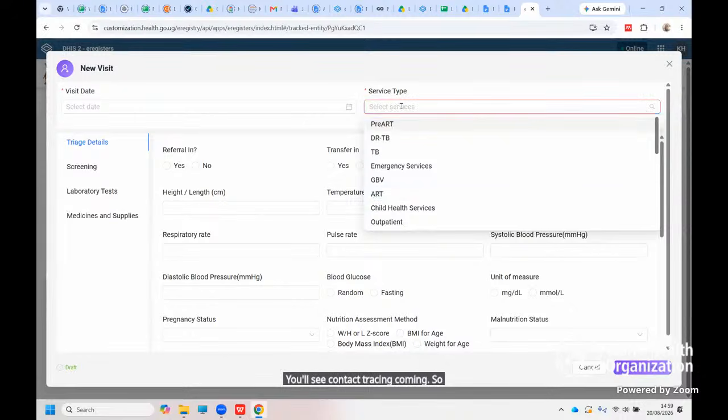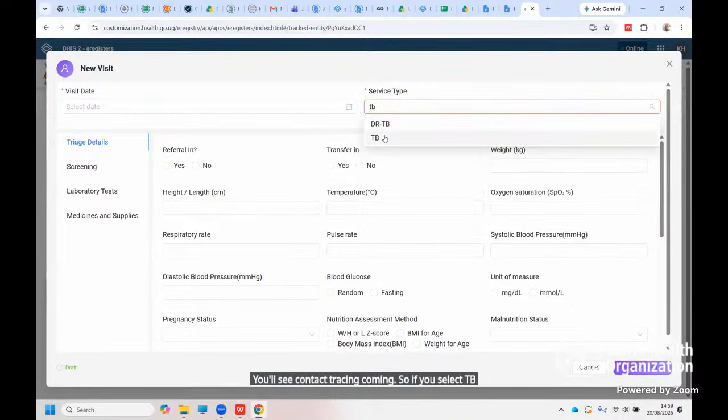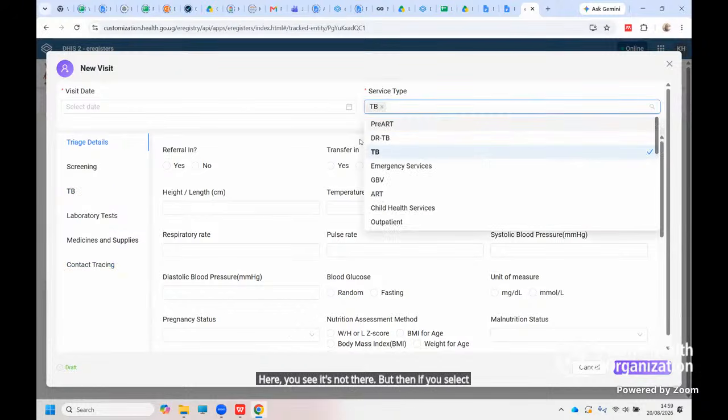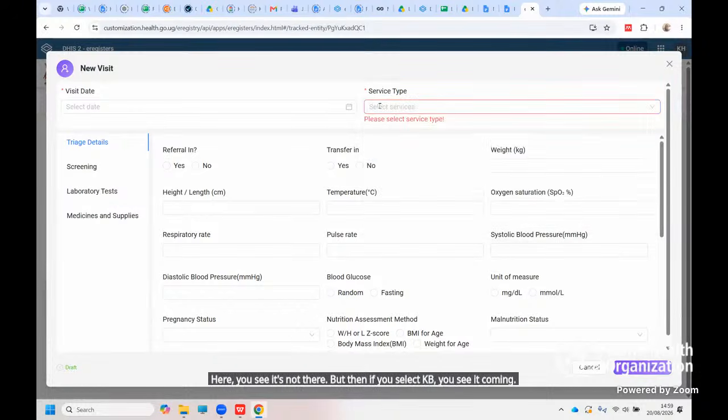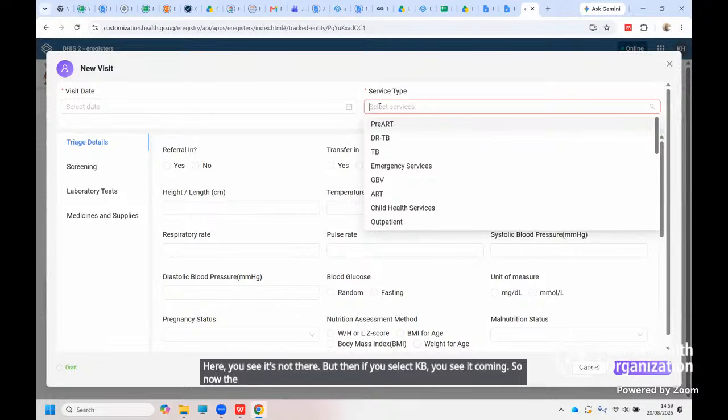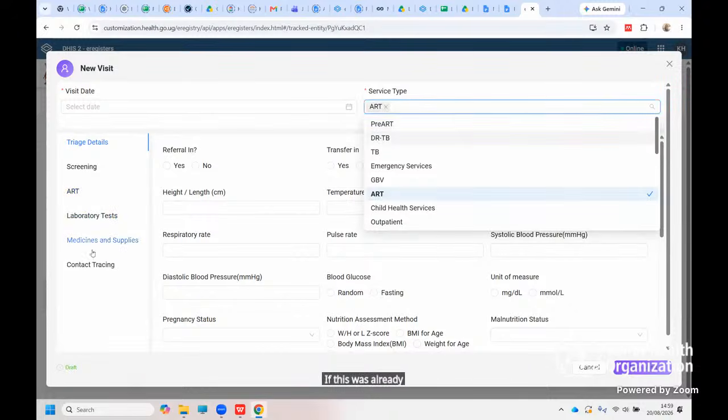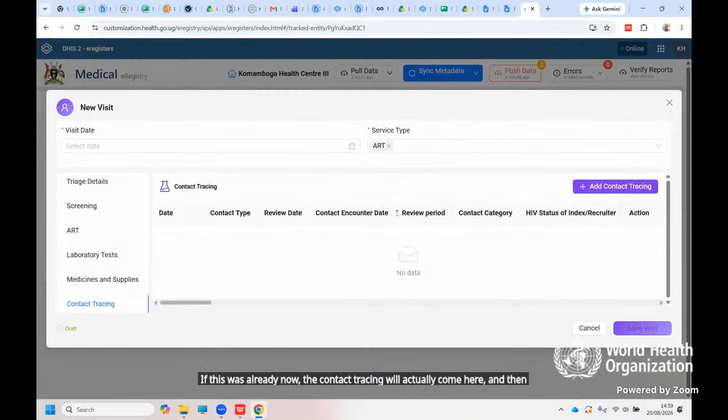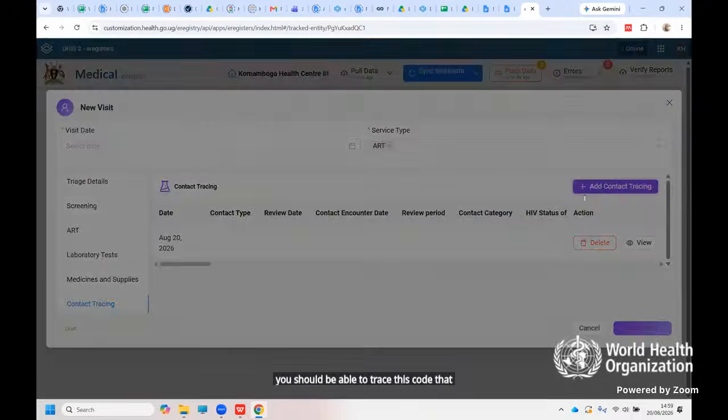If you select TB, you see it coming. So if this was ART, the contact tracing will come here, and you should be able to trace these contacts that are linked to that client.